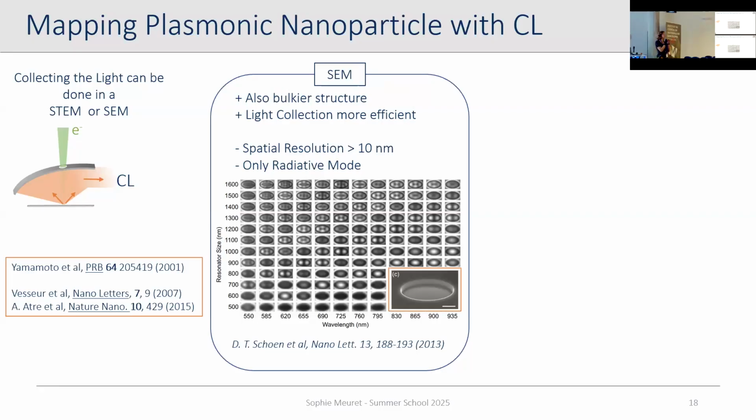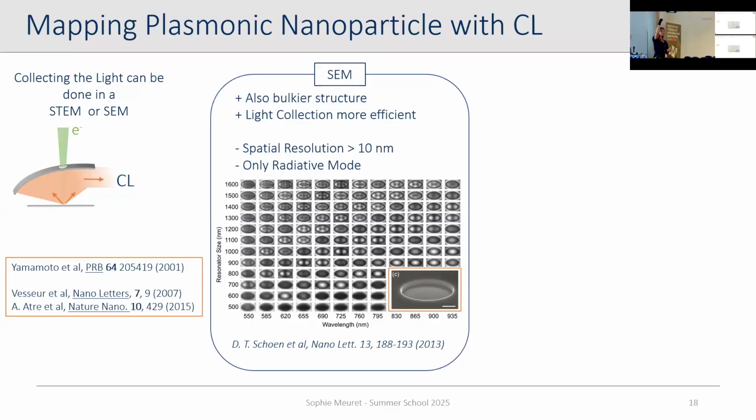You don't need to look at a very small particle like a triangle, for example, which is maybe a third or half of the papers on plasmonics in EELS. You have a much bigger mirror because you have so much space, which means that you're quite efficient at collecting the light, which for plasmons is quite important, right?